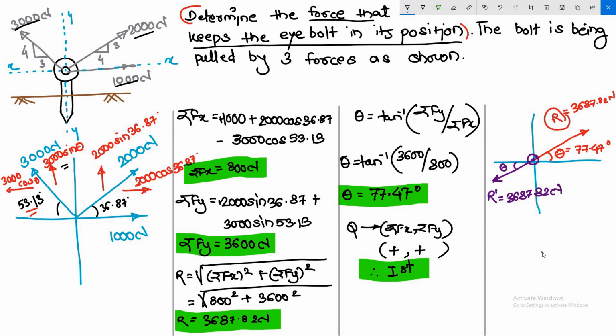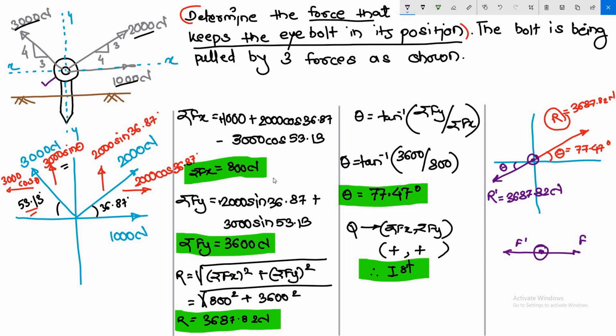For example, let's say a force F is acting in this direction, and if we draw another force F dash that has the same magnitude as F, lying on the same line of action and in the opposite direction, it makes this particle stay in its very position. That's why when we say that a force is keeping the eye bolt in its very position, we are talking about an equilibrium force. Equilibrium force means a force equal to the resultant, opposite in direction, lying on the same line of action.